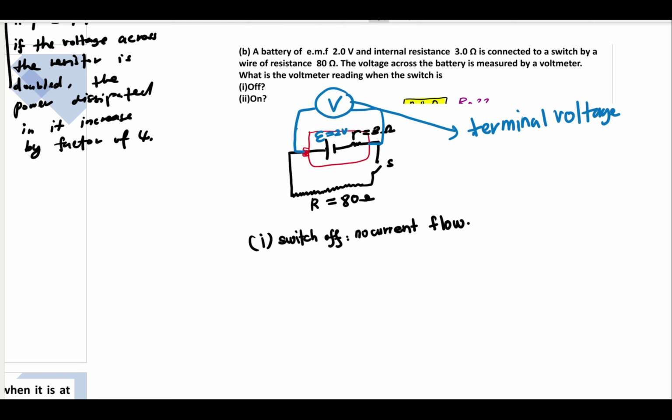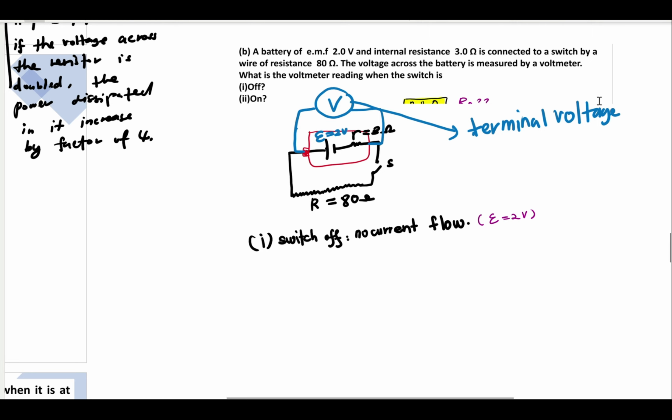Then there is a wire. It says connected to a switch by a wire, so for example there is a switch here. The resistance of the wire, imagine it as the external resistance. The internal resistance has been given as 3.